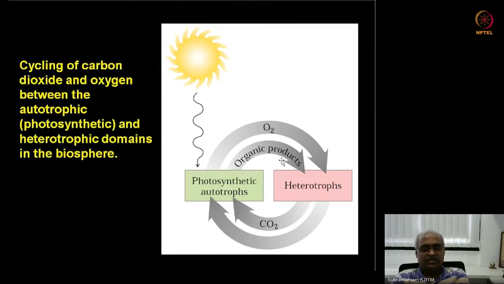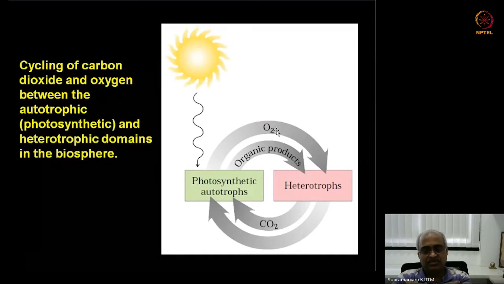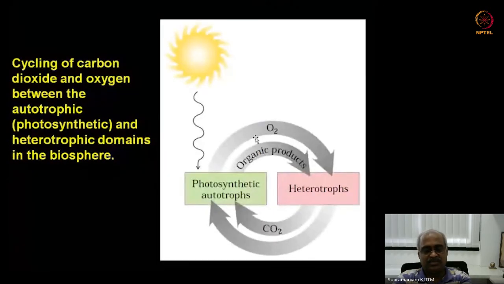If you can picture glucose, you will realize glucose is not fully oxidized carbon. So in the process of breaking down, they consume oxygen to produce carbon dioxide out of that. As a result, elements like oxygen, carbon, and hydrogen get cycled in the biosphere.